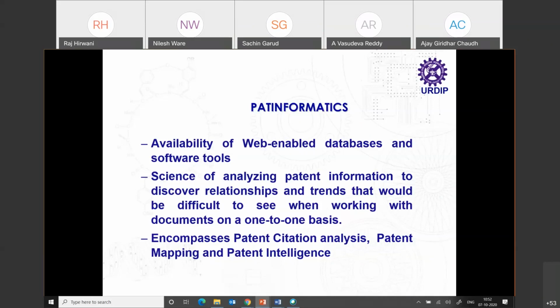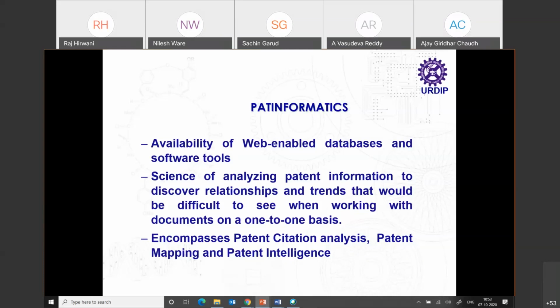When you look at hundreds and thousands of patent documents, you are able to see the relationships in technology, the relationships among organizations, and temporal trends: how technology evolves, which direction it is taking, what applications, products and markets are getting developed.